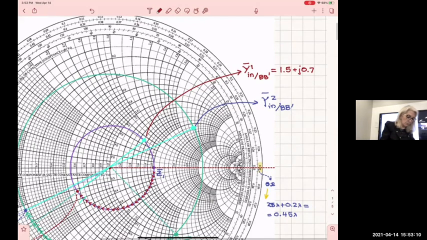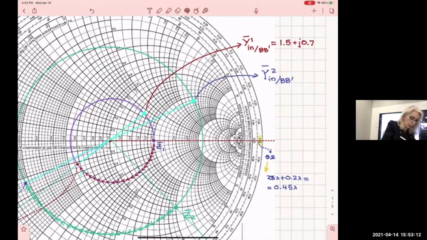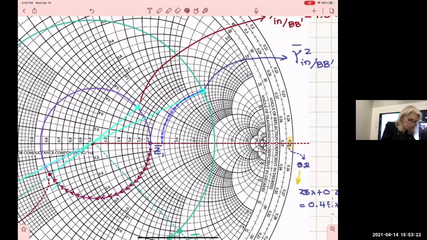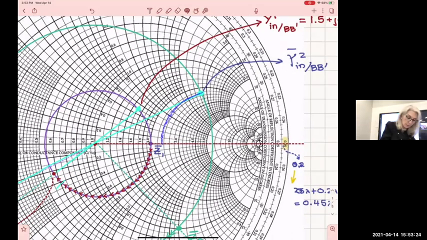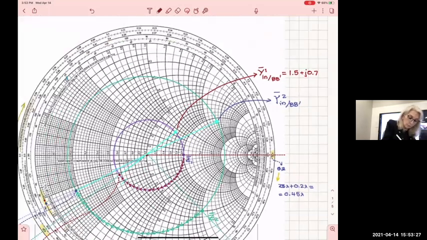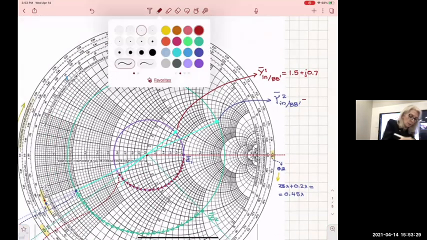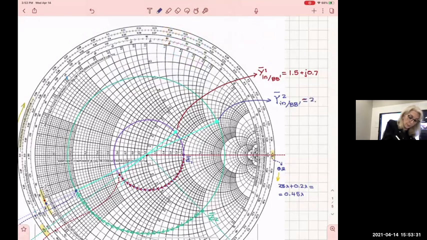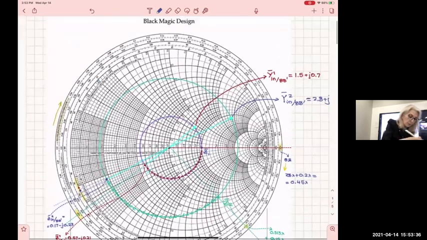And then for the blue one, I will move along this line to find the real part. And there, the real part is going to be 2.8. So this one is going to be 2.8 plus j.